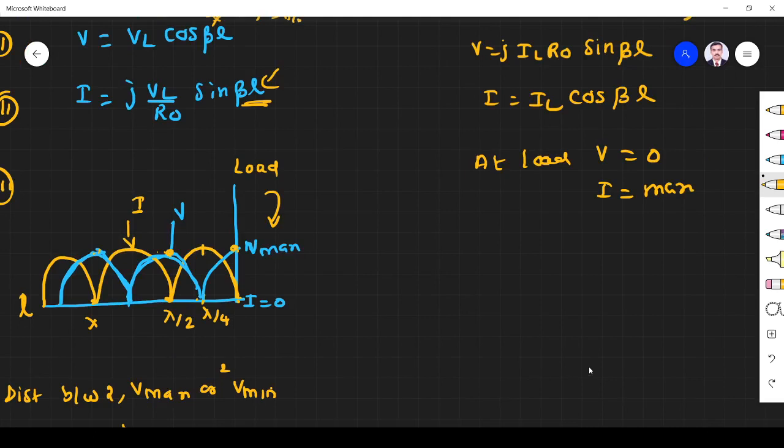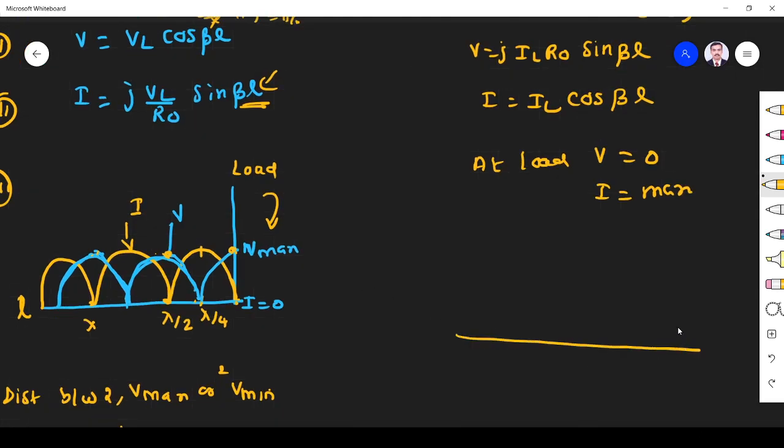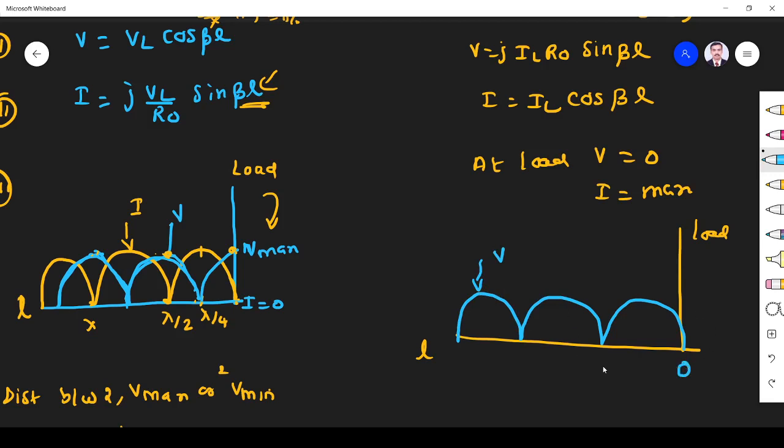How to draw? Follow the same procedure. This is the load, and this is the length of the line. You can see V at the load is 0, so it will start from here and go like this. Again it will be 0 at lambda by 2, and again it is 0 at lambda.